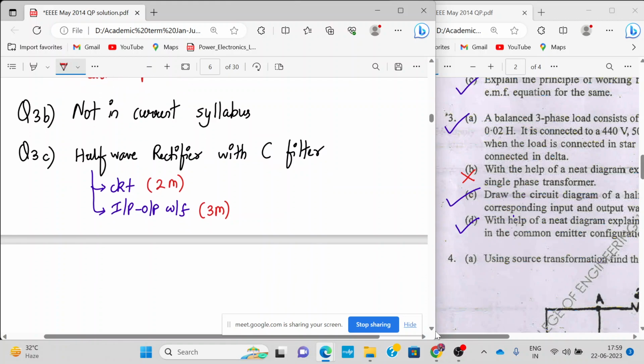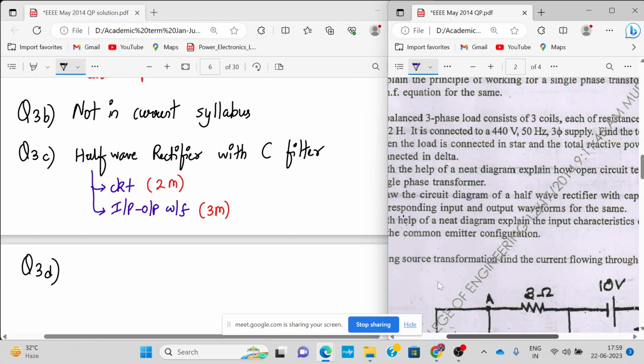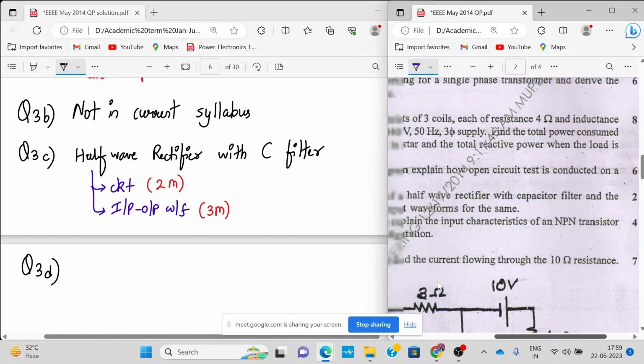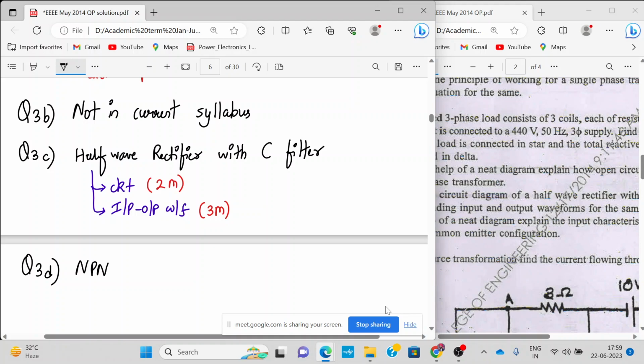Then question number 3D, explain with the help of circuit diagram input characteristics of NPN transistor in a common emitter mode. So NPN transistor, this has been discussed before. NPN transistor in common emitter mode.